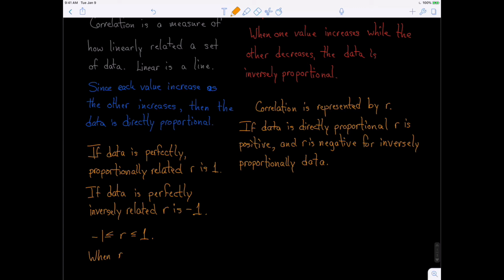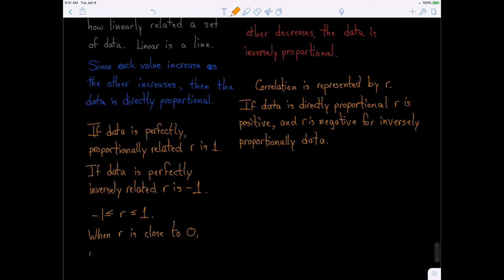And when R is close to 0, then we would say no relationship exists. No relation between the data exists.